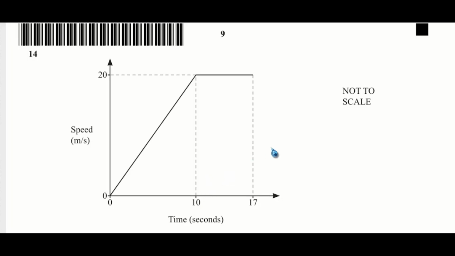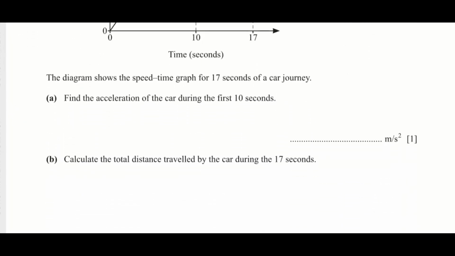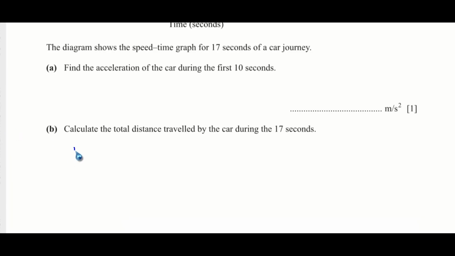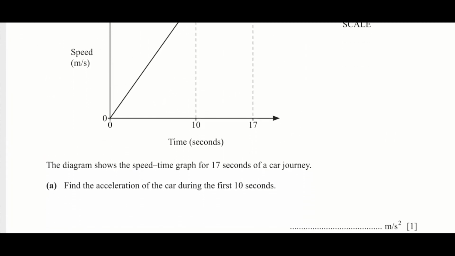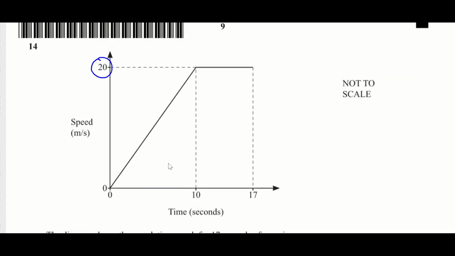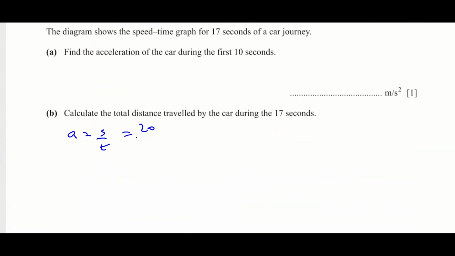We know that acceleration equals speed over time. So the speed is equal to 20 meters per second, as you can see here, and the time is 10. So you have 20 over 10.